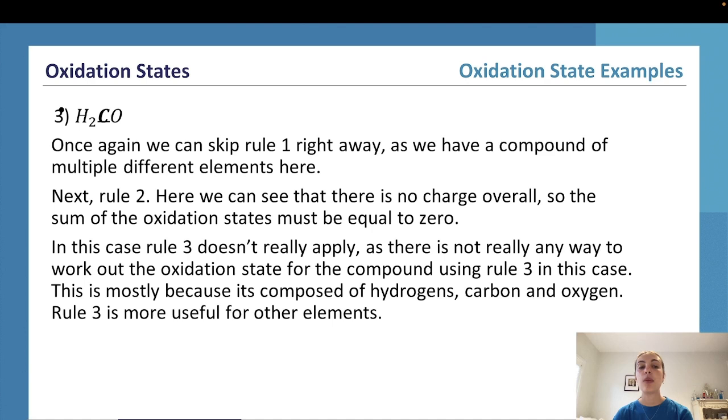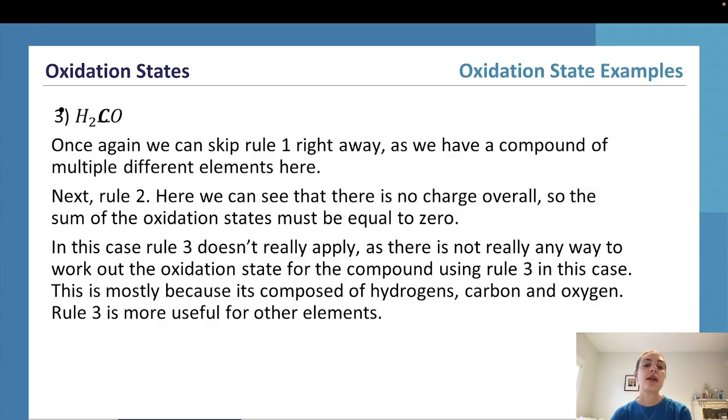So next up we've got rule number 2. With rule number 2, we can see that there is no charge overall, and so the sum of the oxidation states needs to be equal to 0. And so like anything which doesn't have a charge on it, the entire molecule is going to have an oxidation state of 0.